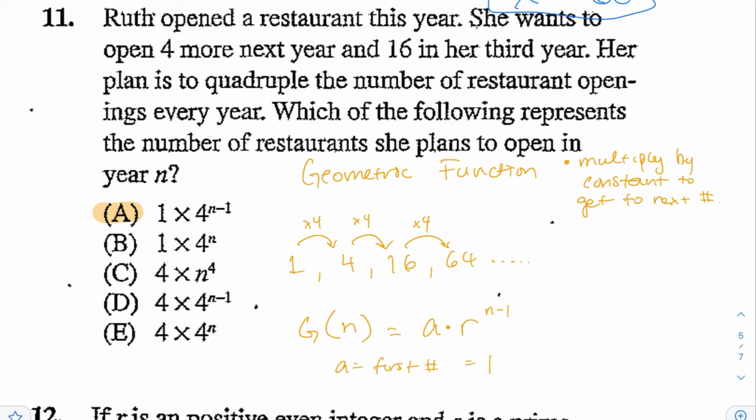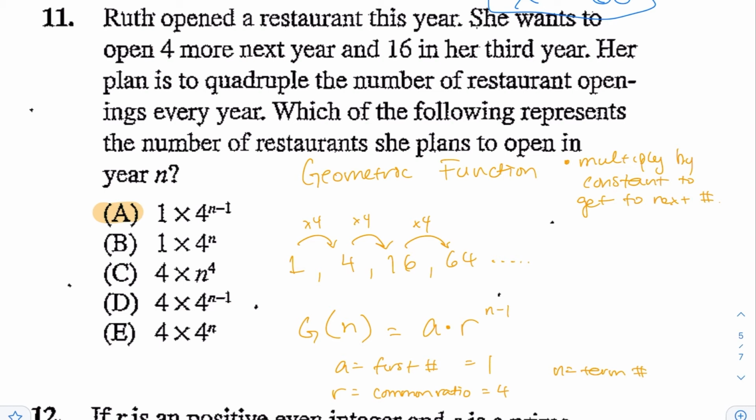In this case, it's 1. R is the common ratio, which is the number you multiply by each time, which in this case is 4. And n is the term number, or in this case, the year.